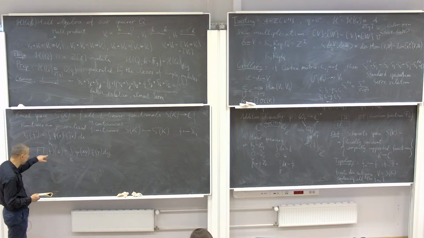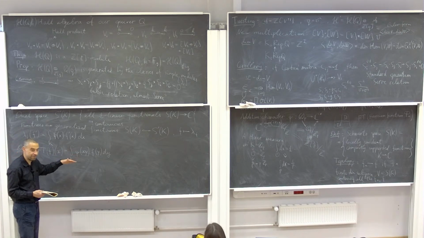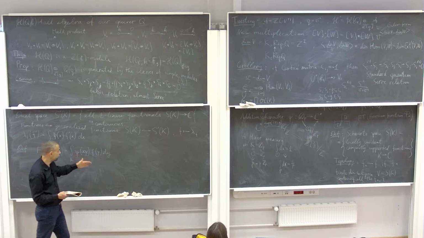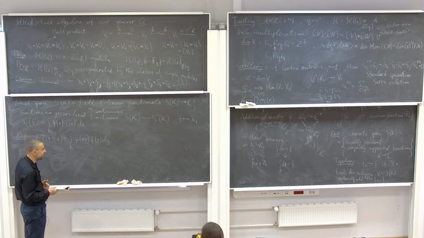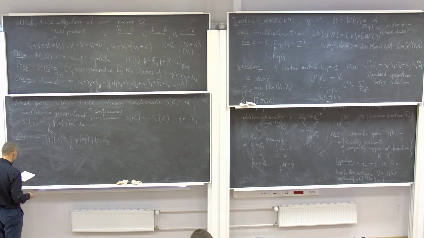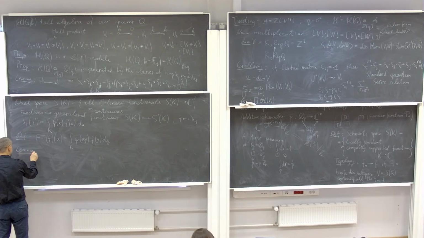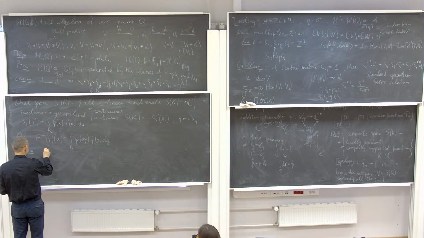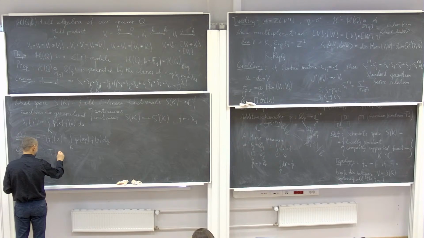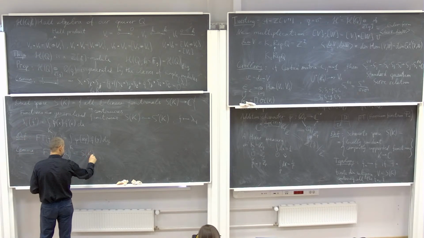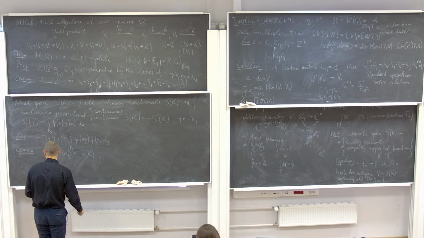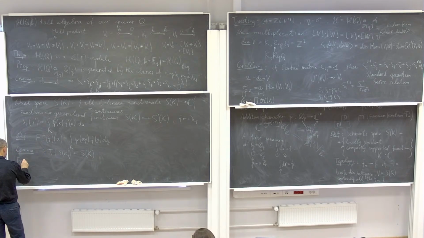So this function is defined, but in principle it could be bad, say not compactly supported or whatever. But in fact, it is quite the opposite. The Fourier transform of the Schwarz space again lies in the Schwarz space, and the proof is very straightforward.